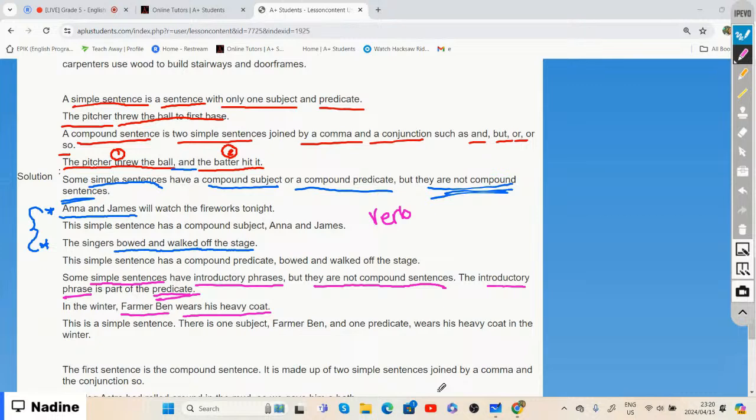All right, guys. Do we understand what a simple sentence is? It's a basic sentence with one subject and a predicate. Do we know what a simple sentence is before I continue?